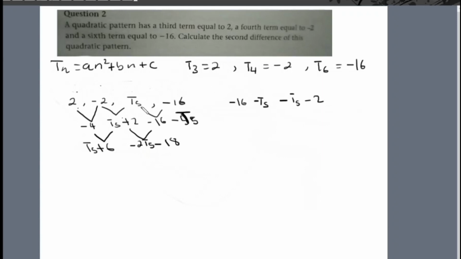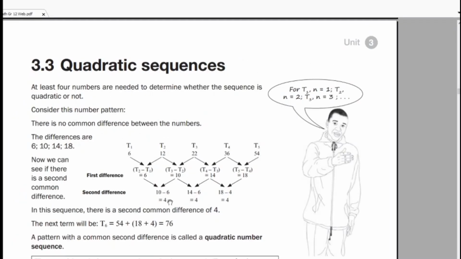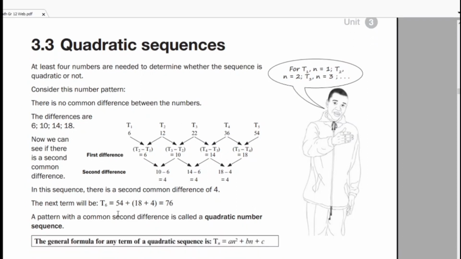But calculate the second difference of this quadratic pattern. Because basitshela ukuthi it's a quadratic pattern, into esiyaziko nge-quadratic pattern ukuthi it has a common second difference, right? Mawuya kuma notes wakho uzobona ukuthi a pattern with a common second difference is a quadratic number sequence.